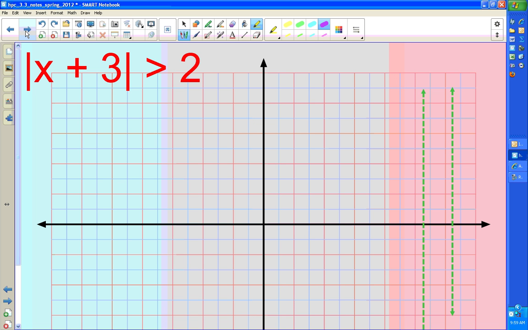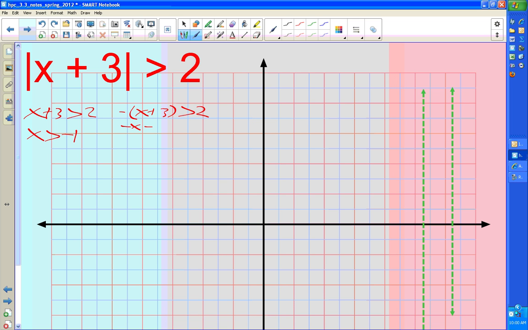How do we evaluate absolute value of x plus 3? So x plus 3 is greater than 2, and the opposite of x plus 3 is greater than 2. Here you get x is greater than -1.